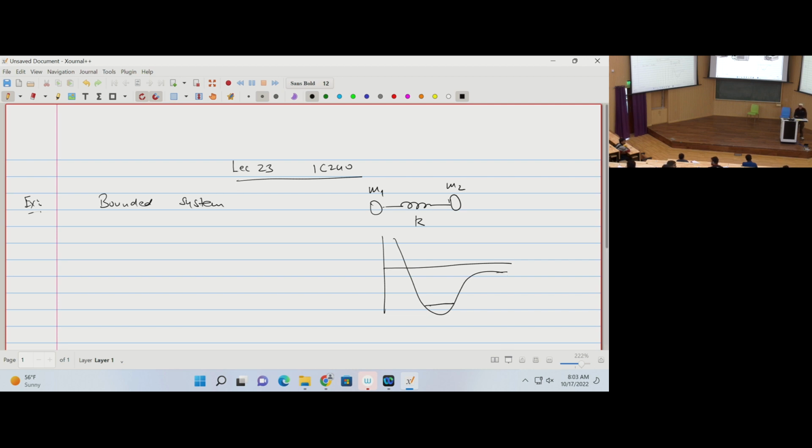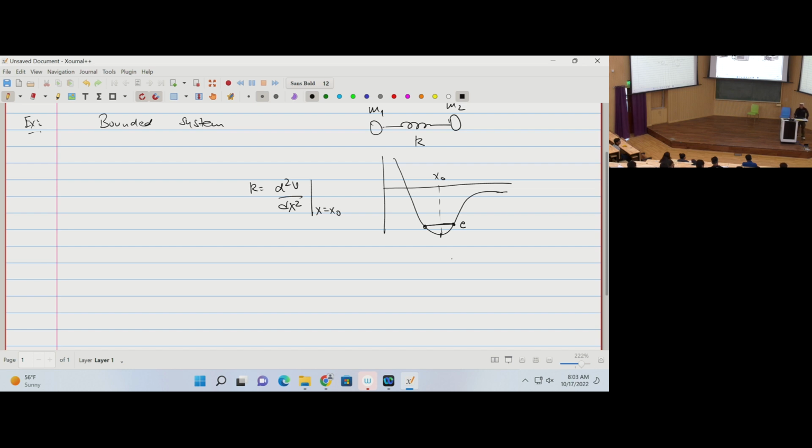If the energy is low, then we see that the system is bounded. So if you know this U function, you can calculate K. Remember, x naught is the equilibrium position.